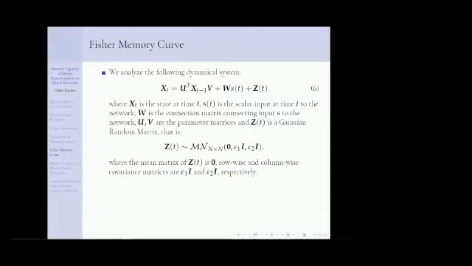Now we study this matrix dynamical system, where x_{t-1} is the state at t minus 1, x_t is the state at t, and w is a matrix which connects the scalar input s_t to the state at time t, and Z_t is a matrix Gaussian noise.